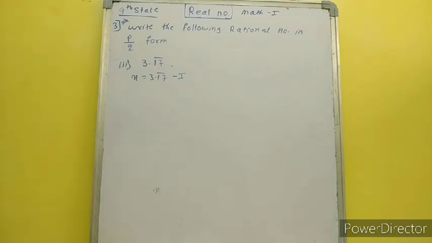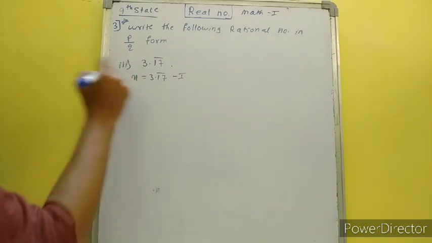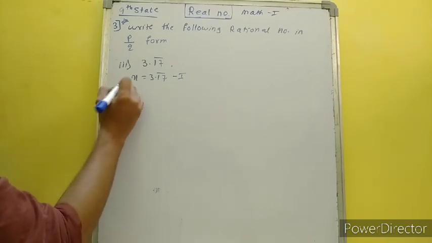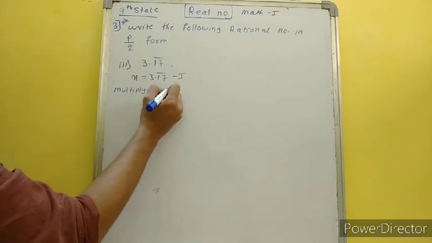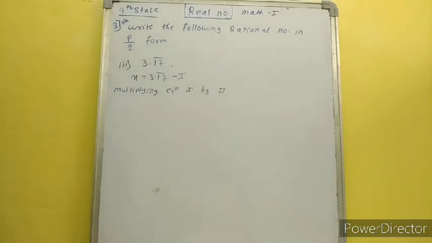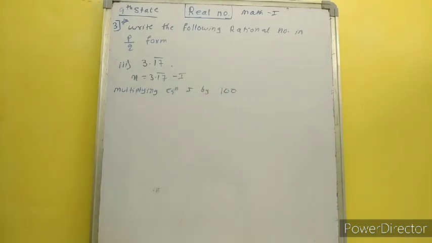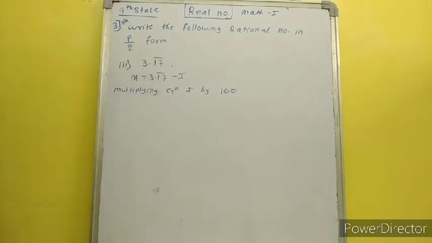Now, how many digits are repeated? Can I say 2 digits are repeated? So I will multiply equation 1 by 100. Why am I multiplying by 100? Because 2 decimals are getting repeated.